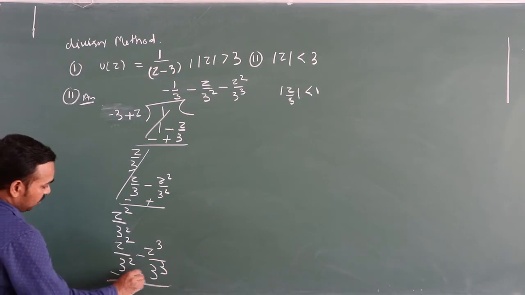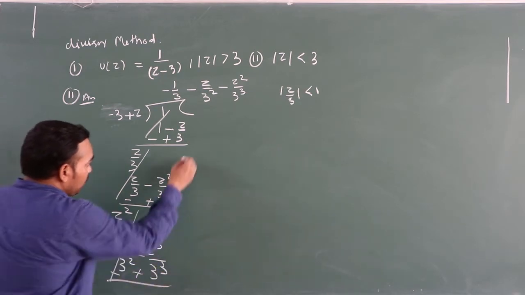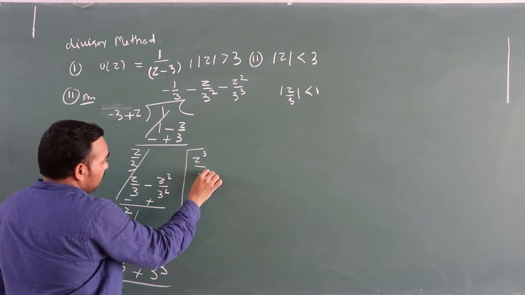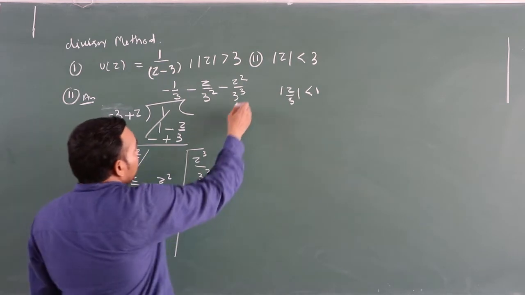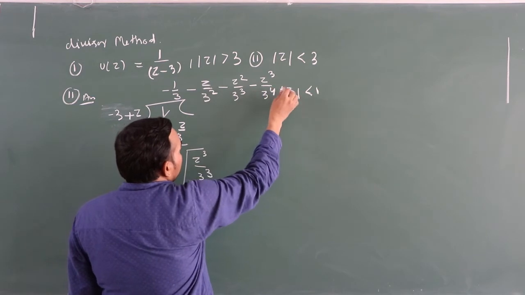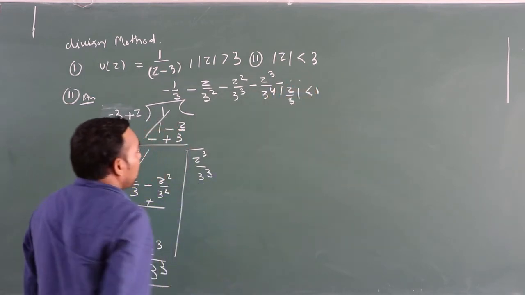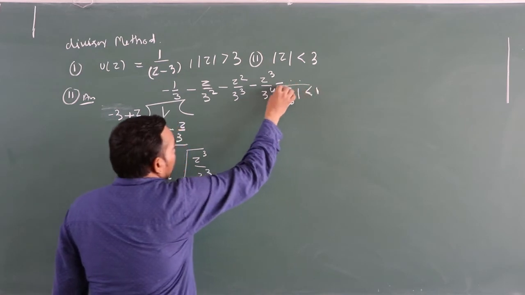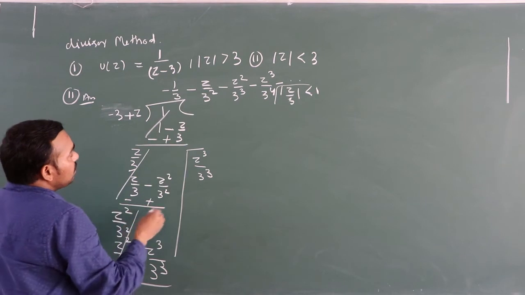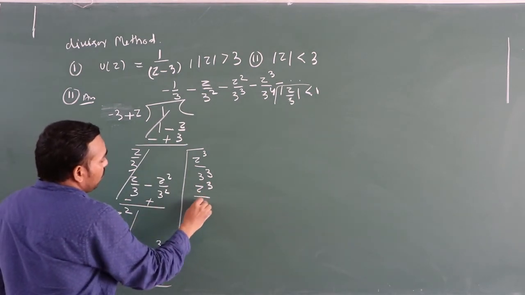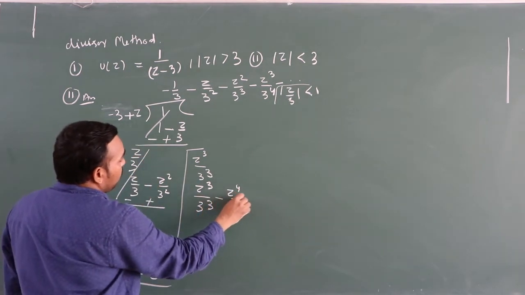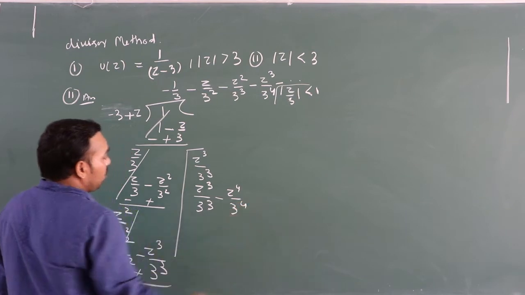Minus minus cancels out and we finally get Z cube upon 3 cube. Similarly, multiplying by Z cube upon 3 to the power 4, minus minus plus, we get Z cube upon 3 cube minus Z to the power 4 upon 3 to the power 4.